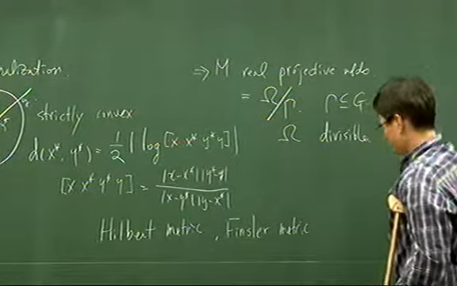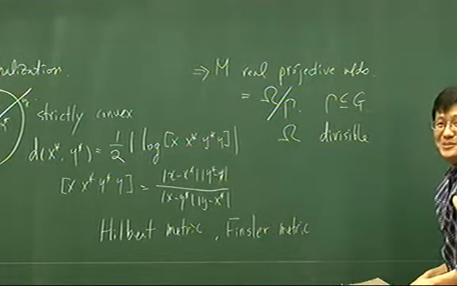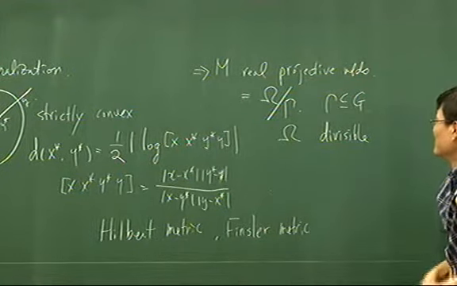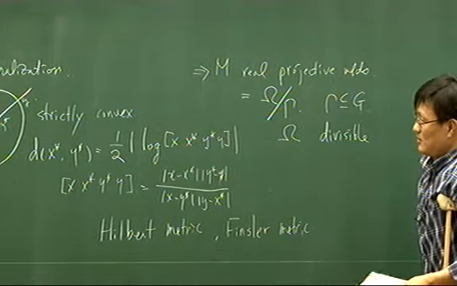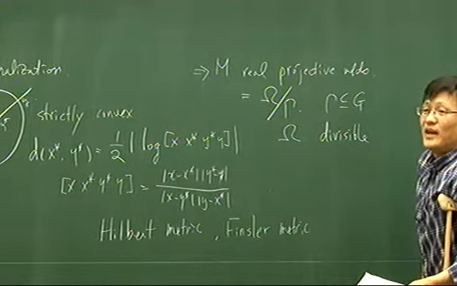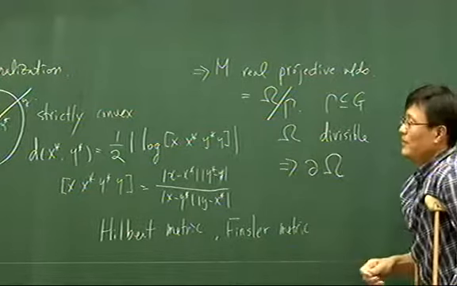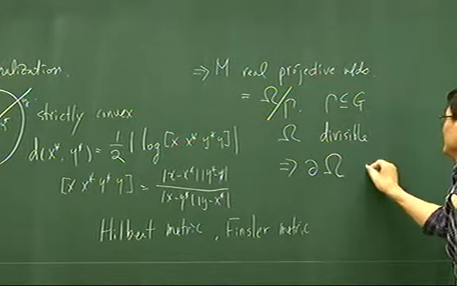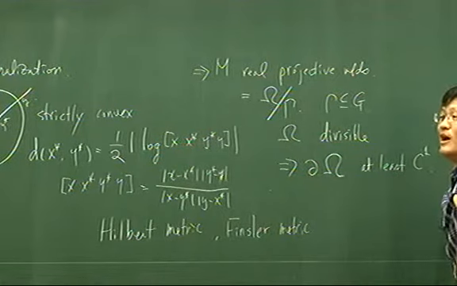Okay. I'm not sure this is in English or French, but I don't know, people write it this way, divisible. Okay. So I told you not every strictly convex open domain is divisible. And if it is divisible, one can show that in this case, the boundary of omega is at least C1. In the divisible case, this is at least C1.